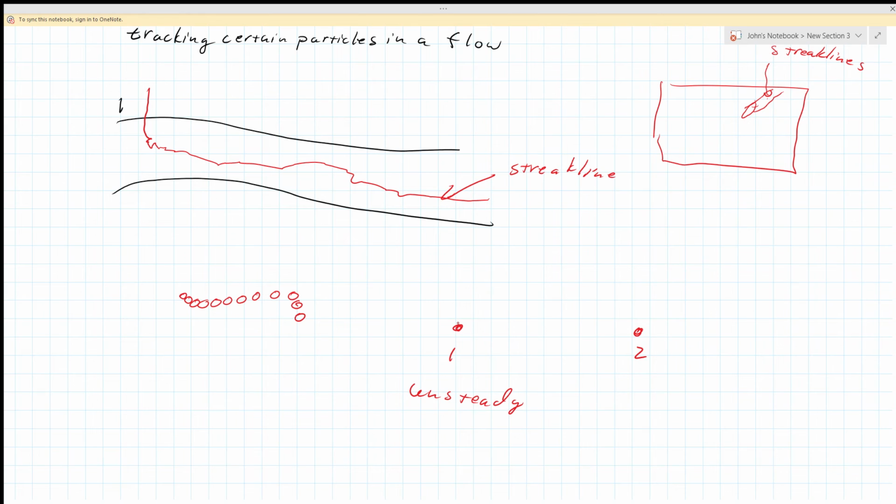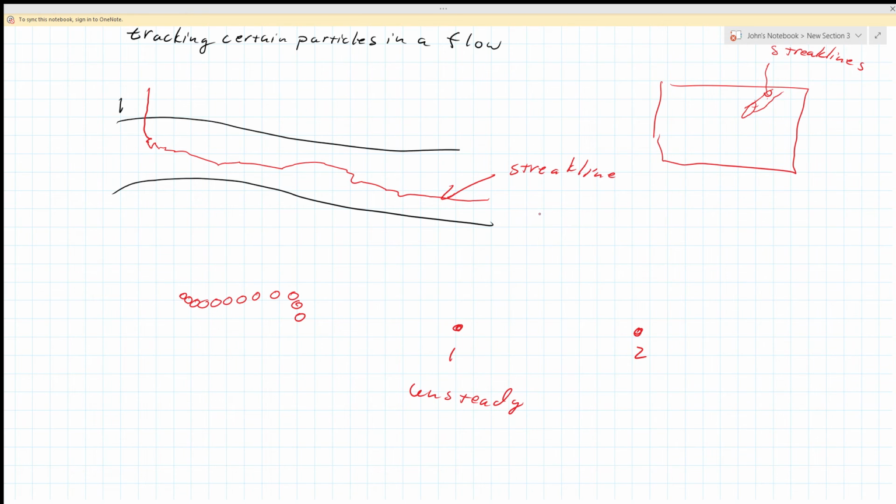Therefore, my streak lines will change with the velocity flow, and they will no longer be constant. You start getting this, for example, in turbulent flows, your streak lines won't be constant, but in developing or unsteady flows, your streak lines will also not be constant.